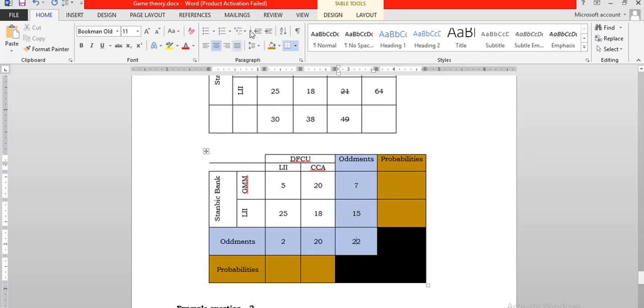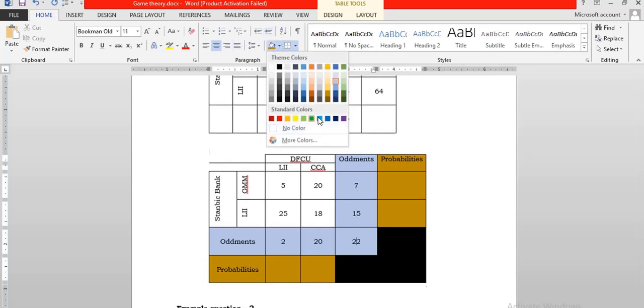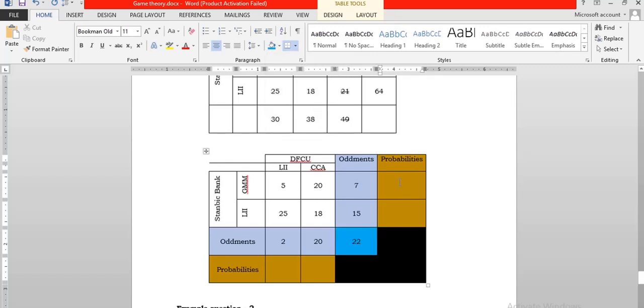This total must be given a stronger color to make it different. So it is 7 divided by the total, which is 22. The same applies to this one: 15 divided by 22. 22 is this one here, so 7 divided by 22, 15 divided by 22. The same applies to this one here: 2 divided by 22, and this will be 20 divided by 22.